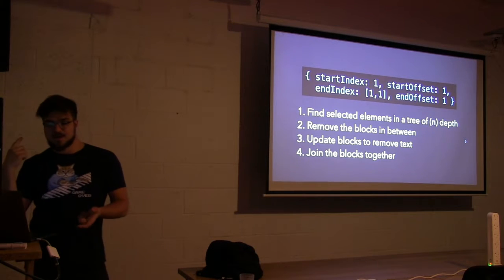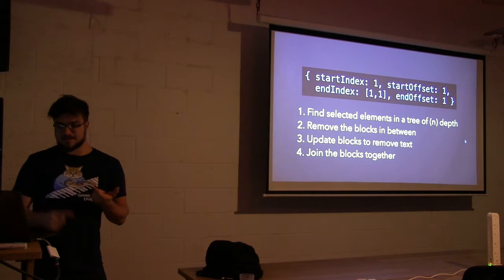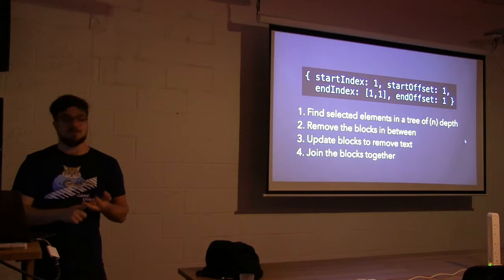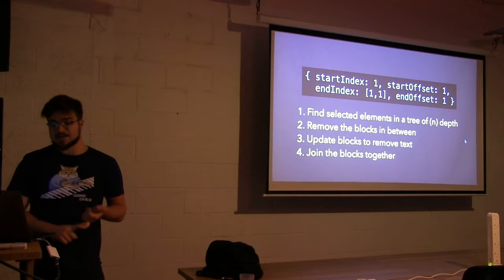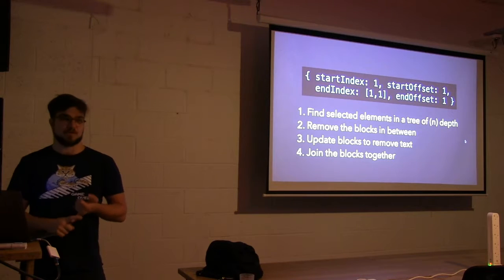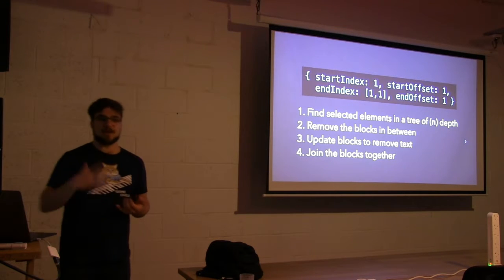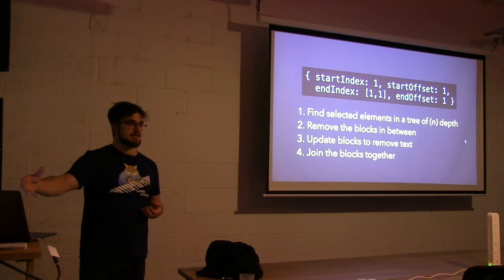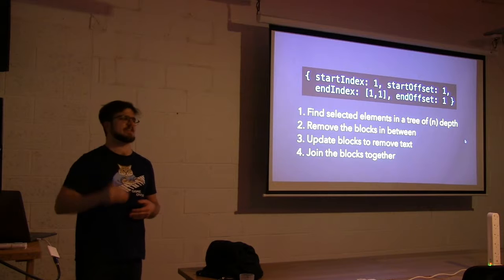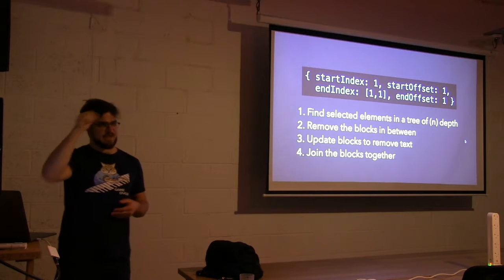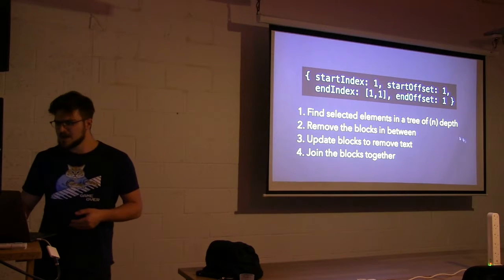I have to find the selected elements, remove the blocks in between that I want to delete, update the blocks to remove the text, and join the blocks together. I'm just showing you this as an example of how complicated it is to make the simplest editing operation, just to delete some text, right?